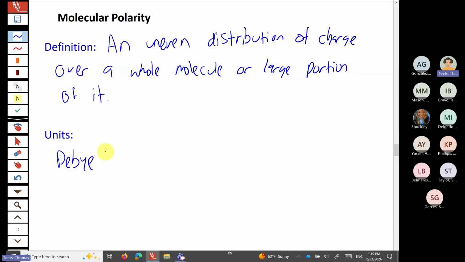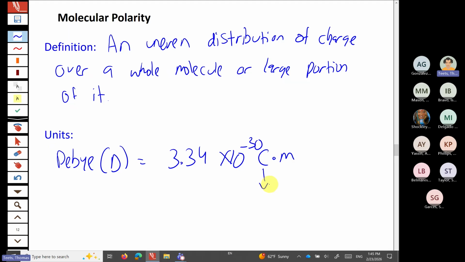It's a compound unit named after somebody, with a capital D. That number is 3.34 times 10 to the minus 30 coulombs times meters, where coulomb, C, is the unit for charge and meters is the unit for distance. So the dipole moment of something, how polar it is, is a function of how much charge is separated and how large a distance those charges are separated over. Again, we don't have to worry about that too much, but that's how we would measure it. And the physical quantity that we're measuring is called dipole moment.